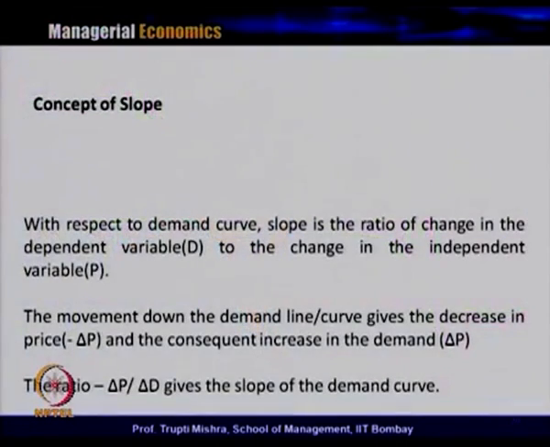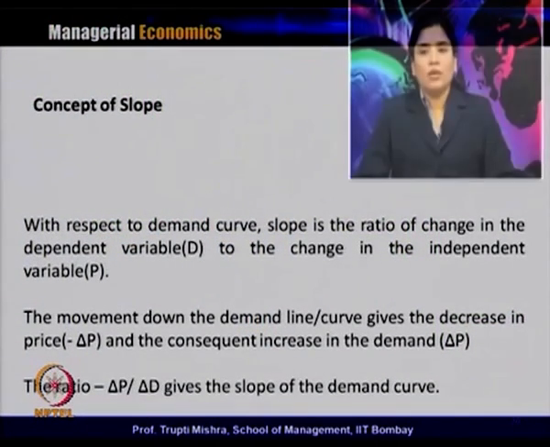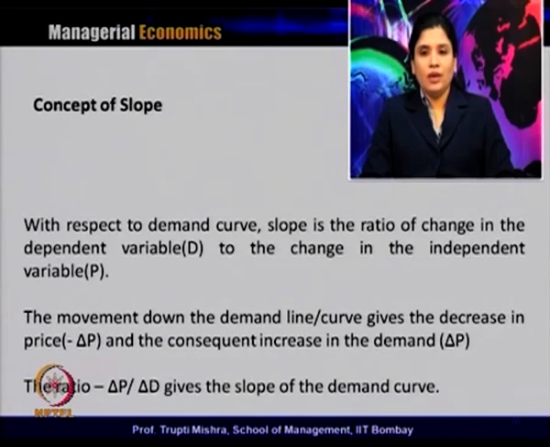Now, taking the typical example of a demand function or demand curve, the slope is the ratio of the change in the dependent variable and the change in the independent variable. In case of a linear demand curve, we always get a straight line. In case of a non-linear demand curve, we get a curve. So, with respect to the demand curve, what is the slope?